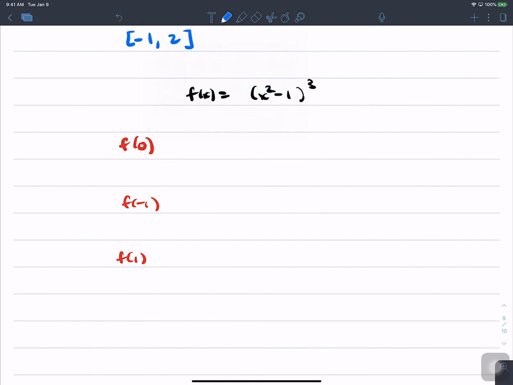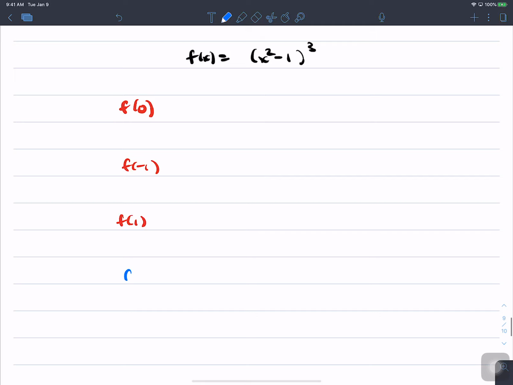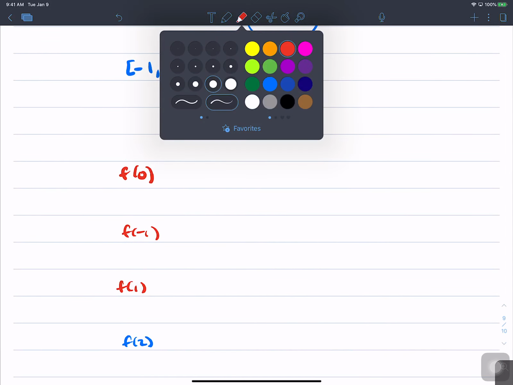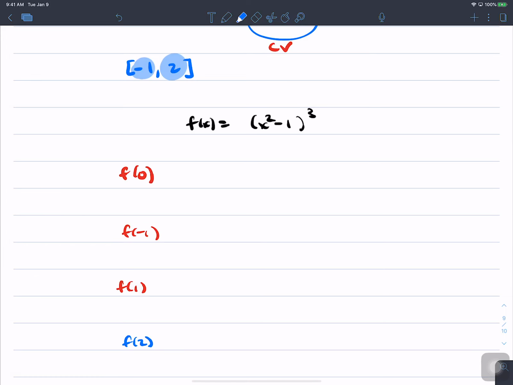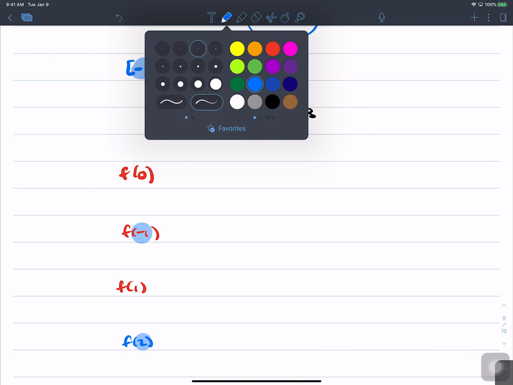And in blue, we have to find the value of the function at the endpoints. One of the endpoints happens to be a critical value, so we have it.